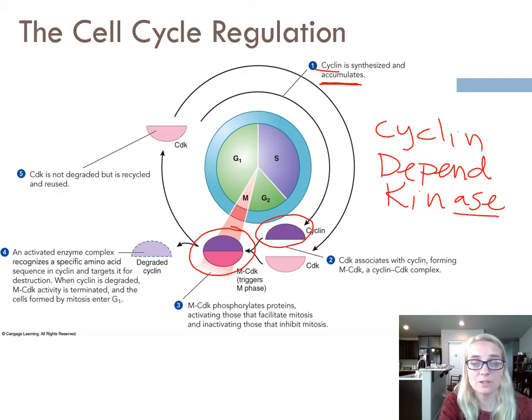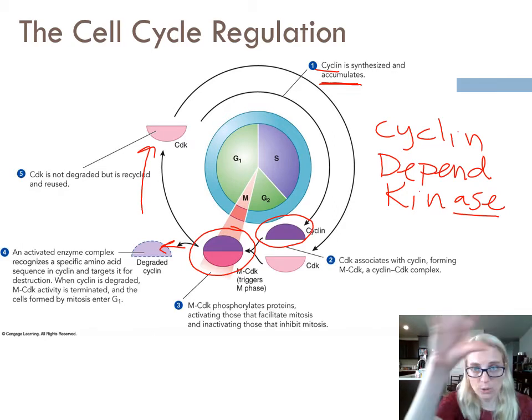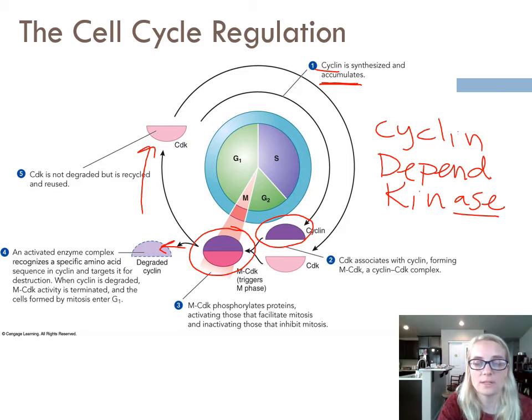And then after it's done its job, the cyclin is degraded, so it cannot go into another round of division until the CDK builds itself up again, and until we reach another concentration of this CDK and cyclin to allow the cell to do this again.